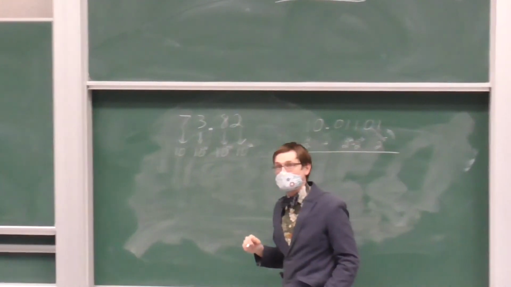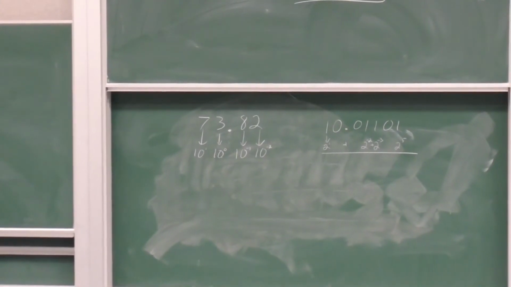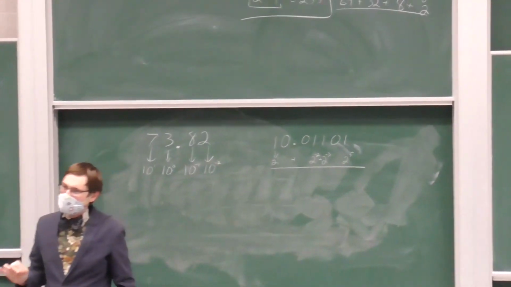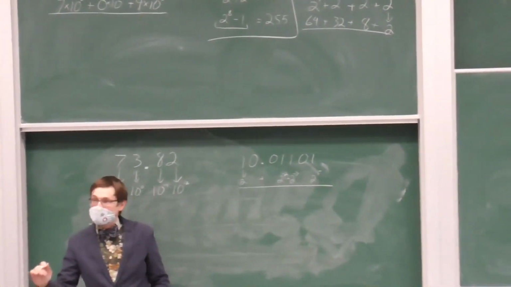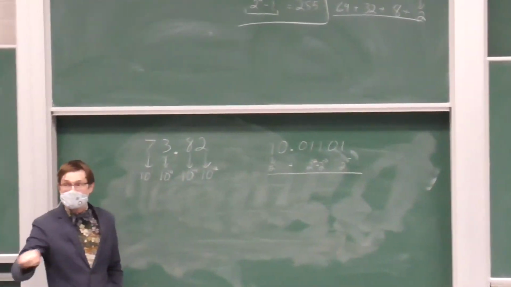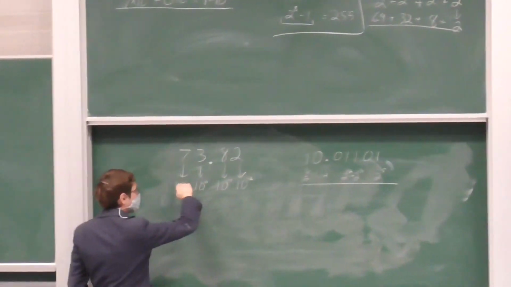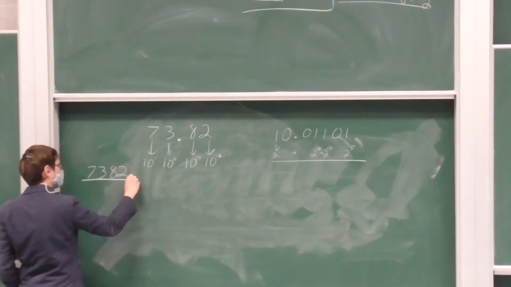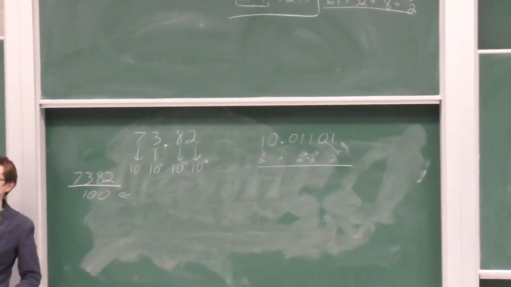We start running into some problems with this very quickly, though. The only numbers which are directly and fully representable can be expressed as fractions which have a power of 2 on the bottom. This actually is the same for decimal, but with a power of 10. So if we were to take this, it would be 7,382 divided by 100, where 100 is, of course, an even power of 10.